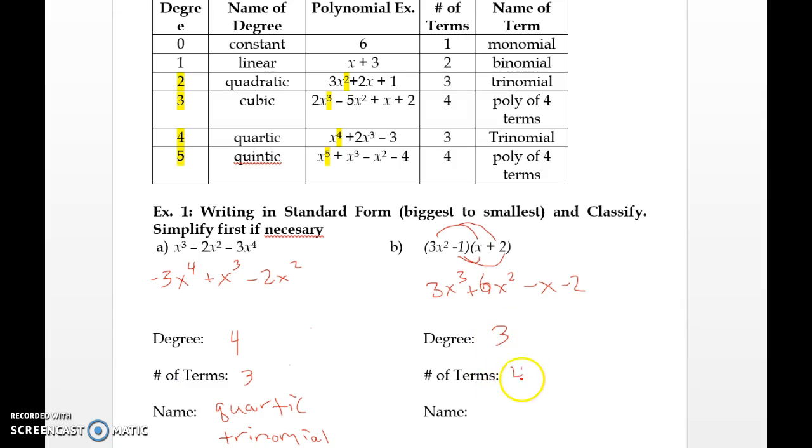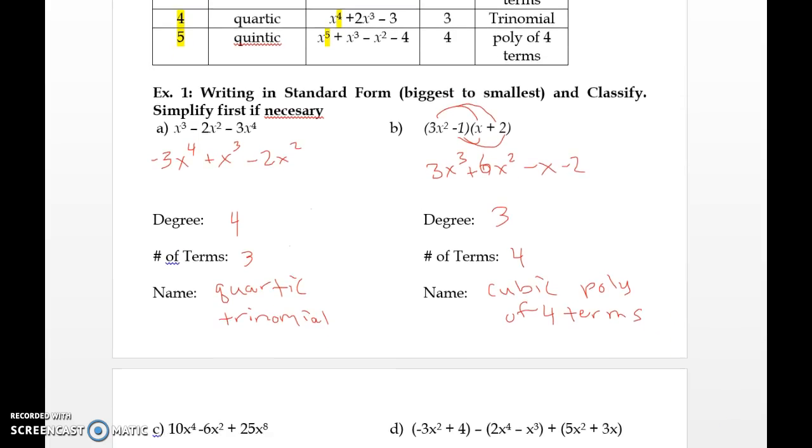My number of terms is 4. So this will be a cubic polynomial of 4 terms, because we don't memorize names past 3 terms. I'm just going to write poly because polynomial is a long word. You can write poly as well, or you can write out the full word.